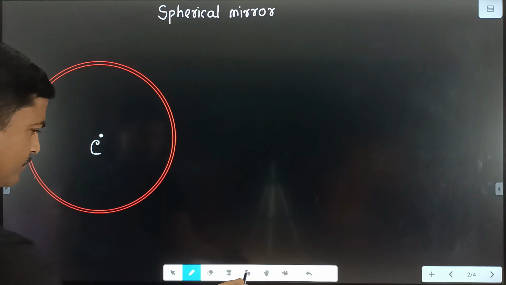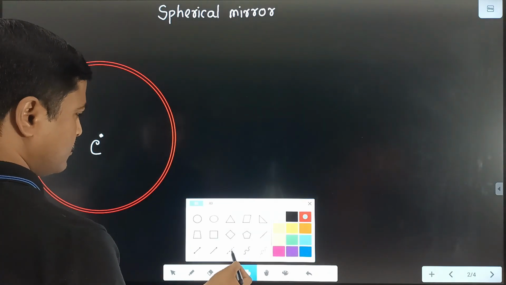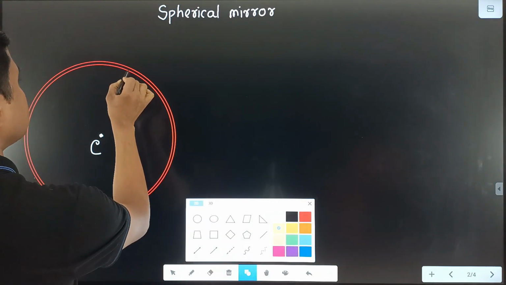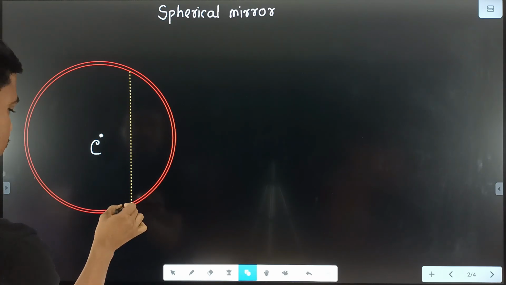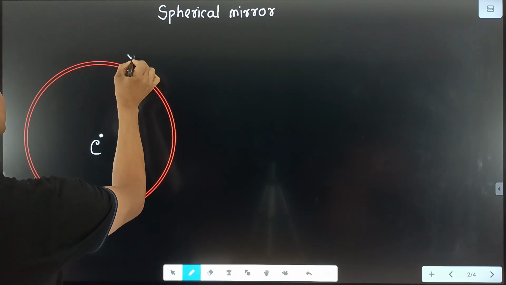And we take a part of this hollow sphere. We take a small portion of the hollow sphere, just like this. Suppose that is XY.